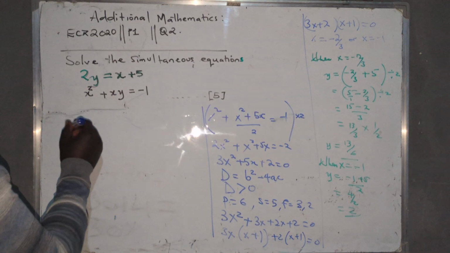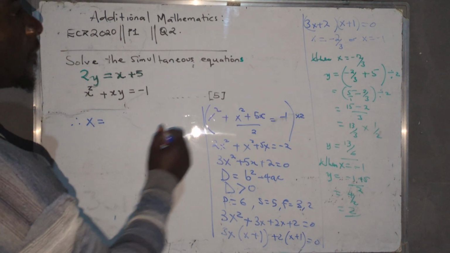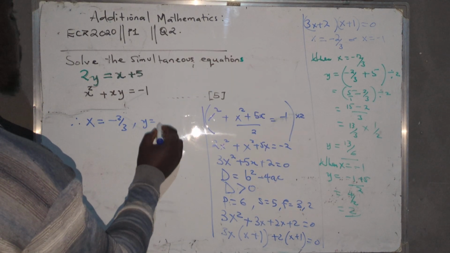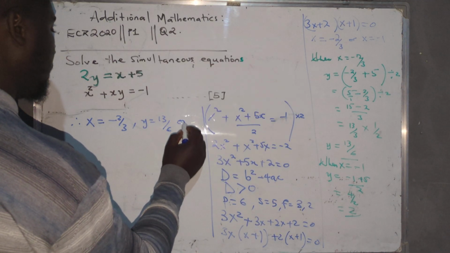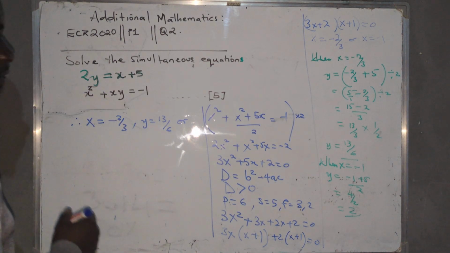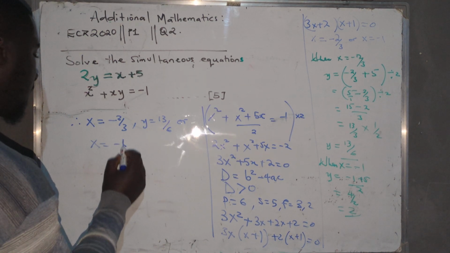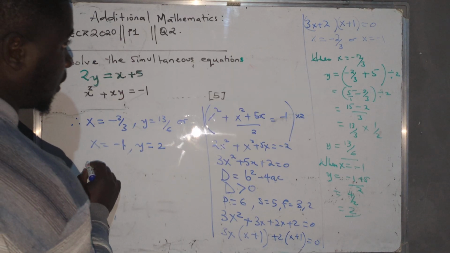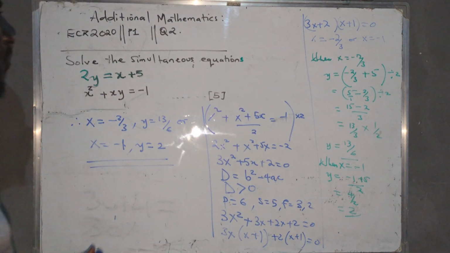So you say, therefore, x is equal to negative 2 over 3, y is equal to 13 over 6. Or, since we have two sets of values, then x is equal to negative 1, y is equal to 2. And this is what gives you the correct answer. And this is how you'll be able to score those 5 marks.